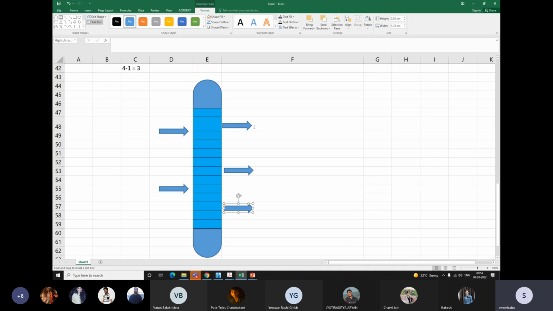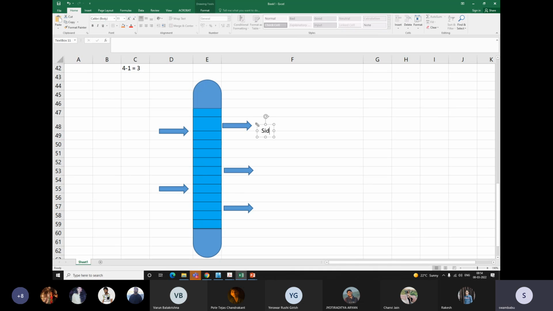These are the side streams; we can take side streams. And this is feed 1, and this is feed 2. So we can have multiple feeds.